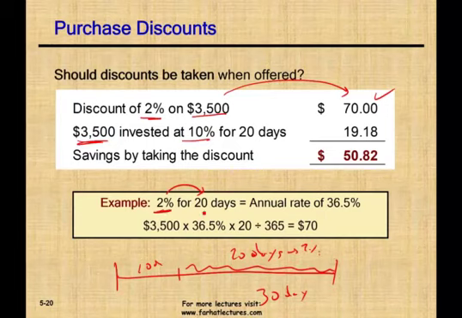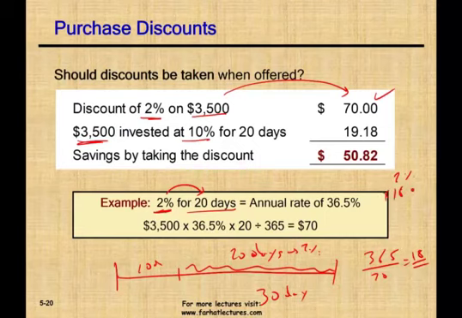If you do this continuously, 365 divided by 20, you have approximately 18 cycles. So you are saving 2% approximately 18 times a year. So you are making 36.5% if you continuously pay your amount within the discount period.